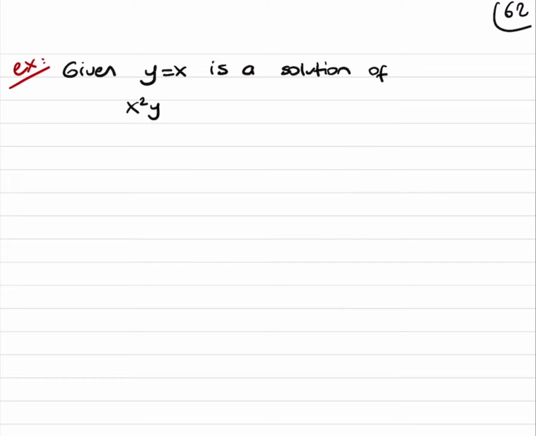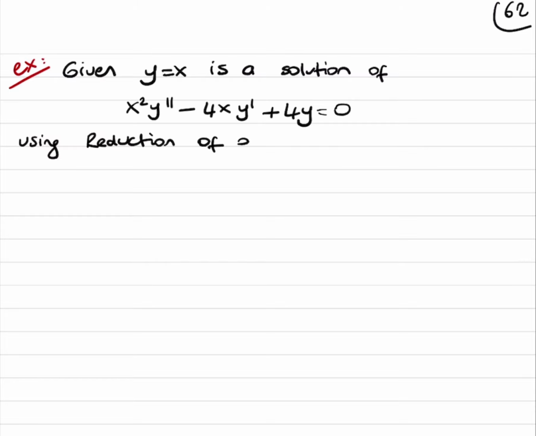Okay, let's continue with the example. Given y equal to x is a solution of x squared y double prime minus 4x y prime plus 4y equal to 0, using the reduction of order method, find the general solution.